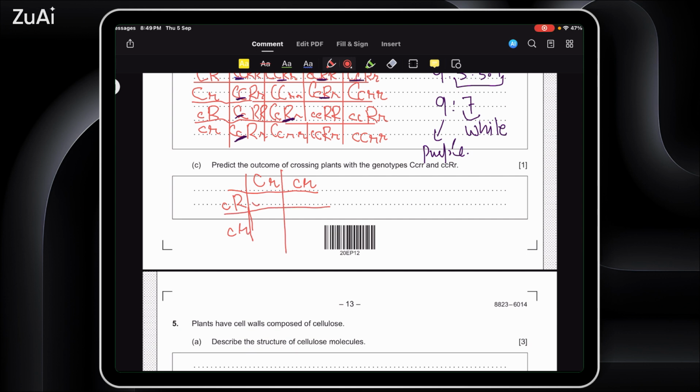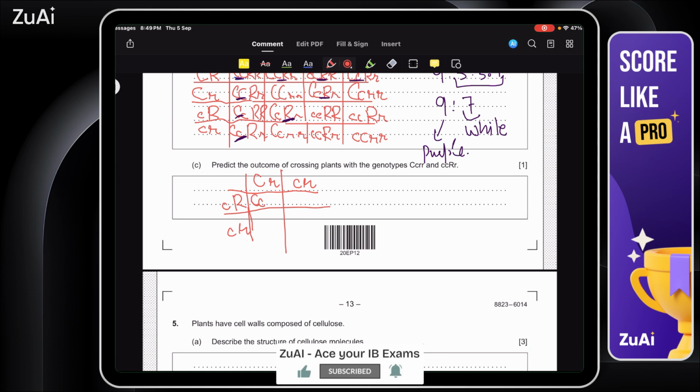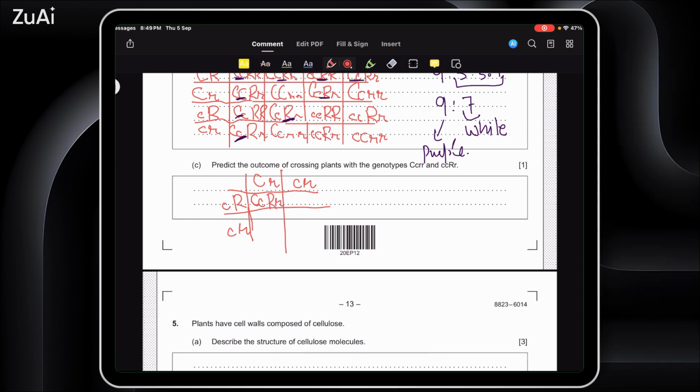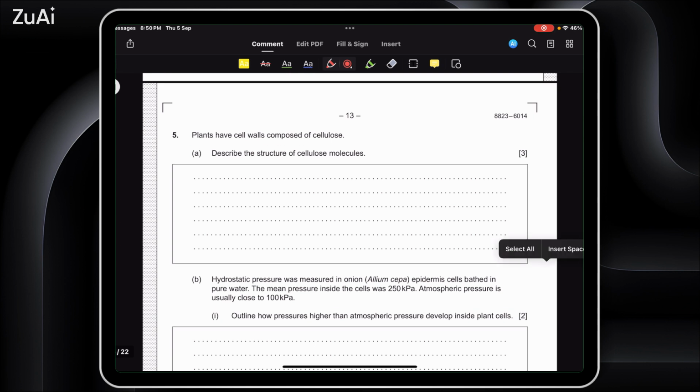So we have capital C, small c, capital R, small r, small c, capital R, small r, capital C, small c, R, R. Then we have small c, small c. So we have one purple, three white.